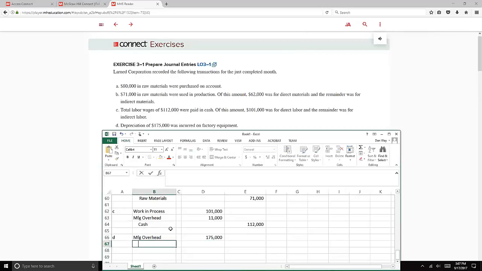And then we'd land a credit to accumulated depreciation, factory equipment, or something like that, for the same 175,000. Remember, if it's something happening in and around the factory, we're not going to expense it. We're not going to see depreciation expense. We want to make sure that cost flows through manufacturing overhead.